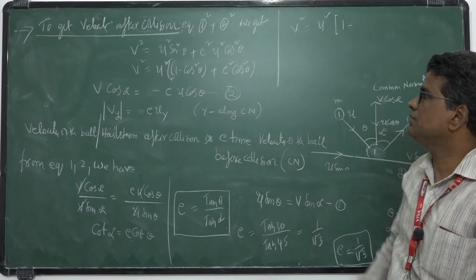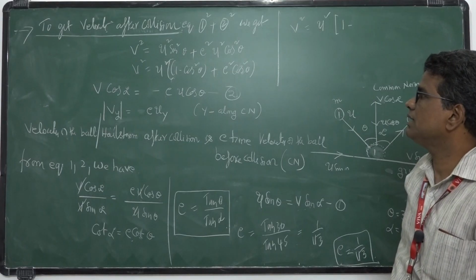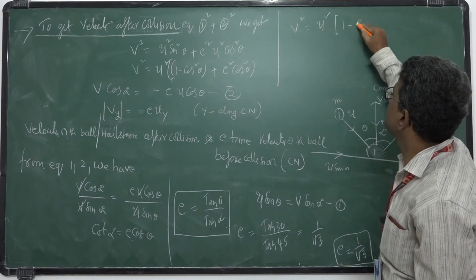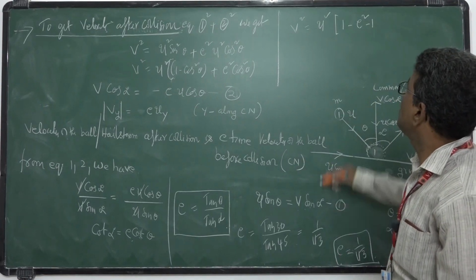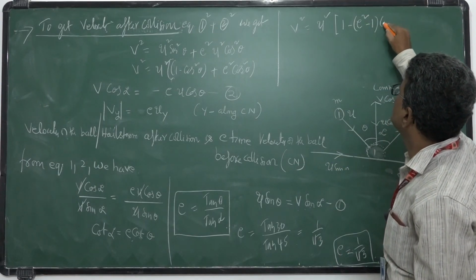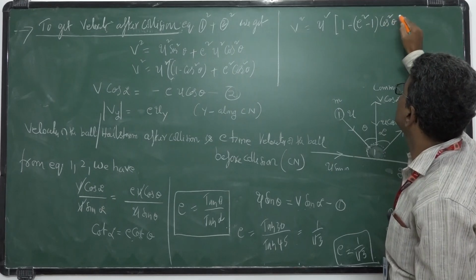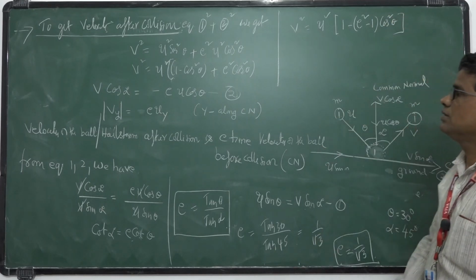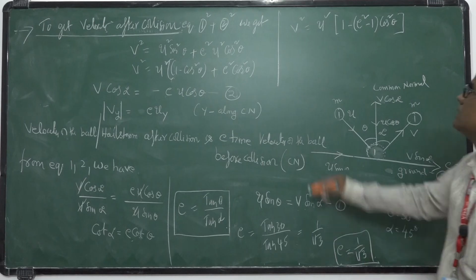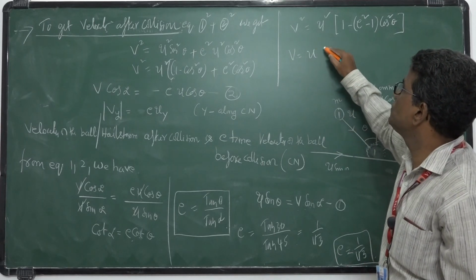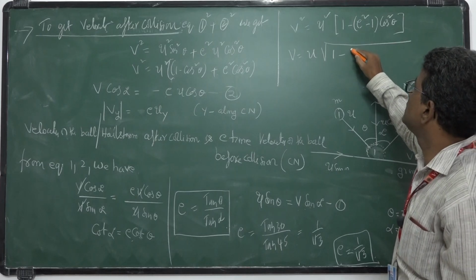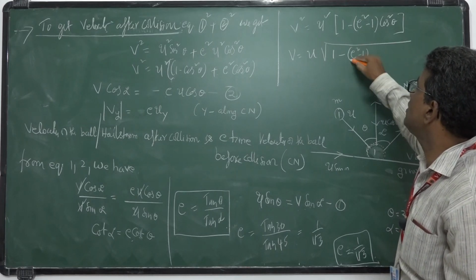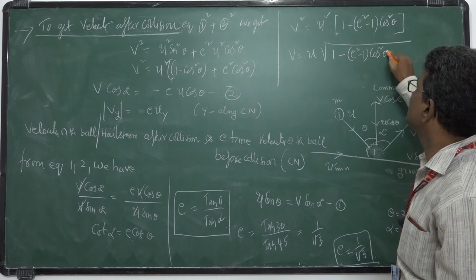That is, you will get u square into 1 plus e square minus 1 of cos square theta. Okay, so is it right? So v is equal to u under root 1 minus e square minus 1 of cos square theta.